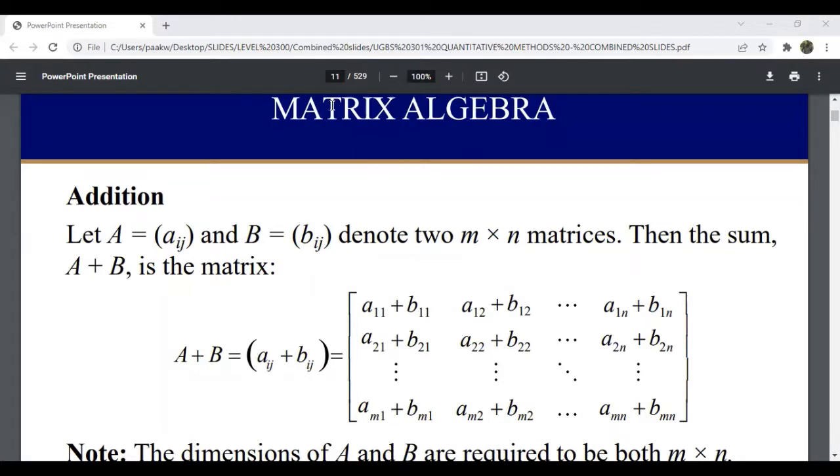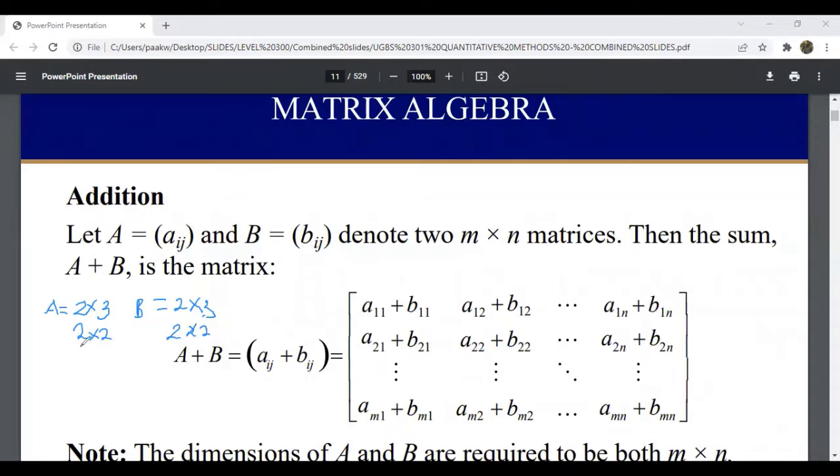So if the dimension of matrix A is 2 by 3 and B is also 2 by 3, this one you can add. If A is 2 by 2 and B is 2 by 2, you can add them.